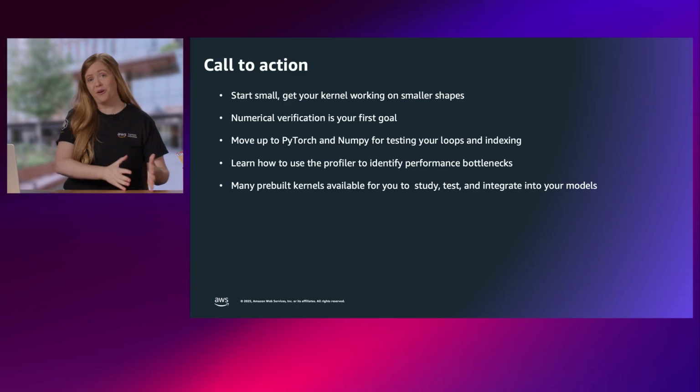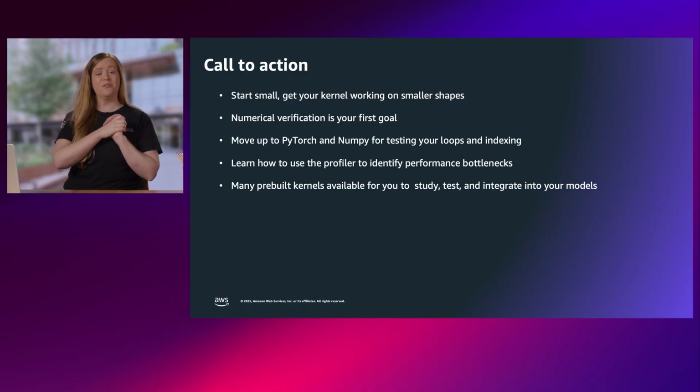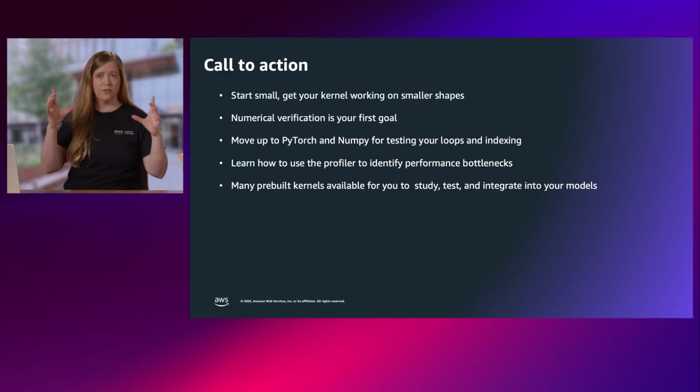When you're writing your own kernel, when you're taking that on as a goal, the best thing you can do for yourself is just start really small. Understand the shapes of the workload that you want to optimize. So the size of the tensors that you want to move and that you want to accelerate, understand those, and then just start with the smallest possible ones.